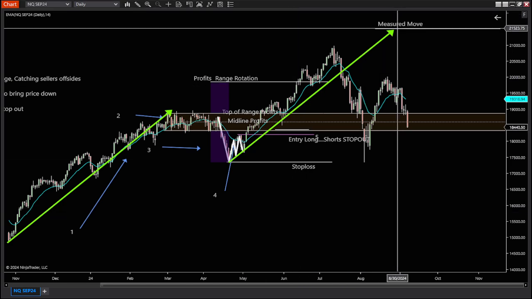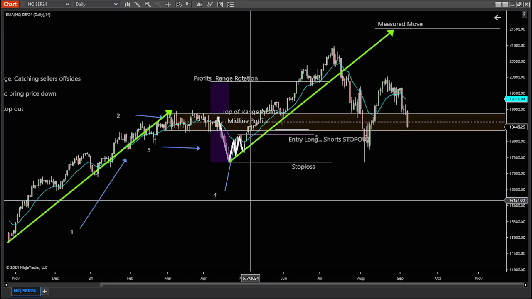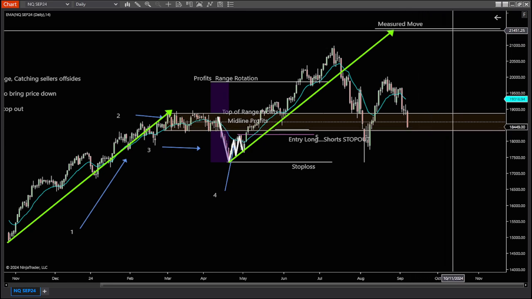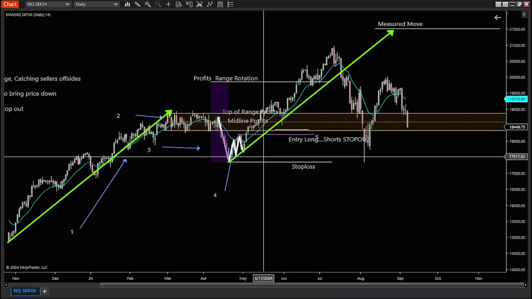So the range measured move will stay on my chart, and I will add that to this other chart too. As long as we don't break structure, right?